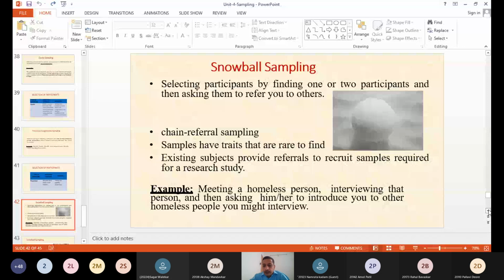So we'll go ahead and discuss another sampling technique in non-probability sampling, that is called snowball sampling.